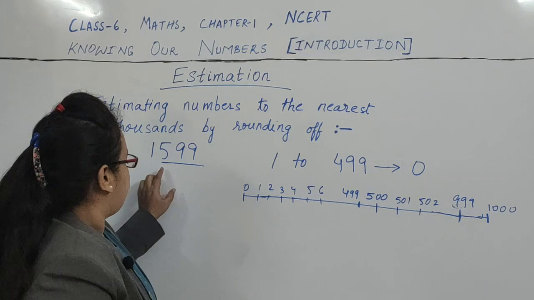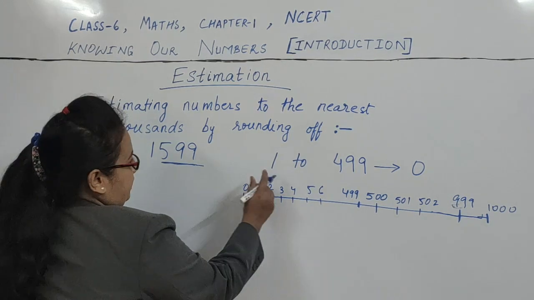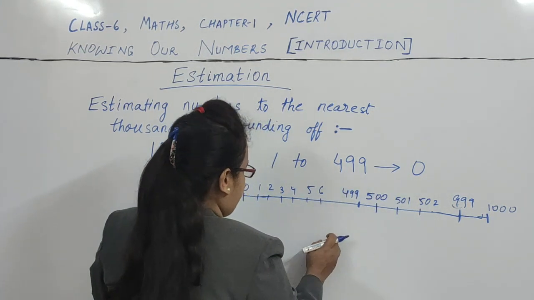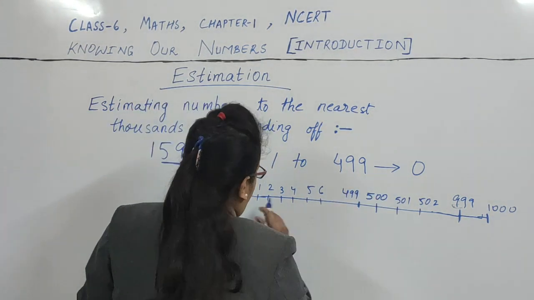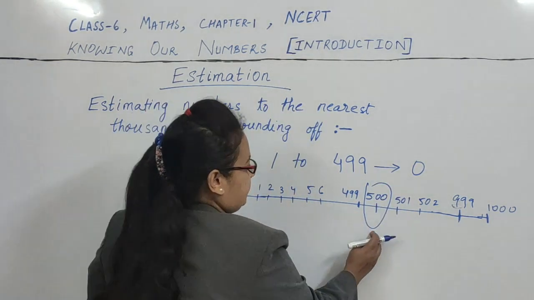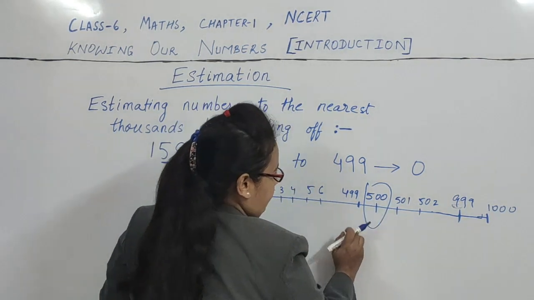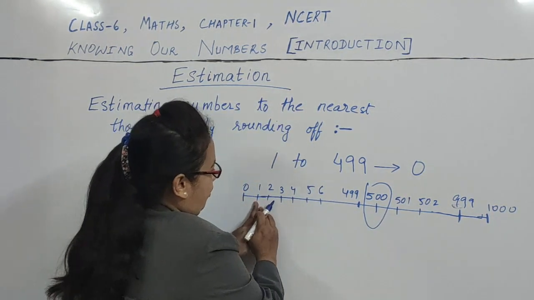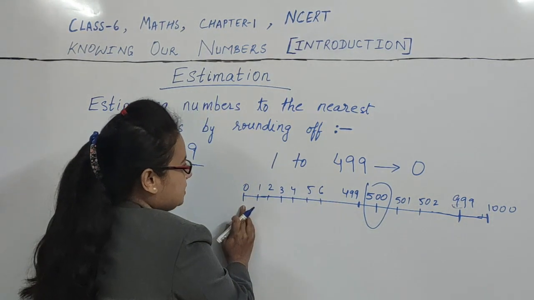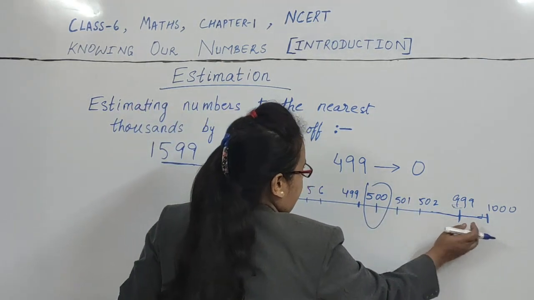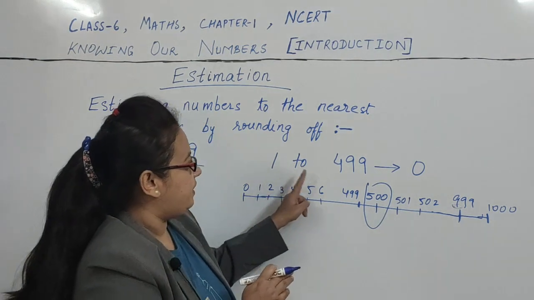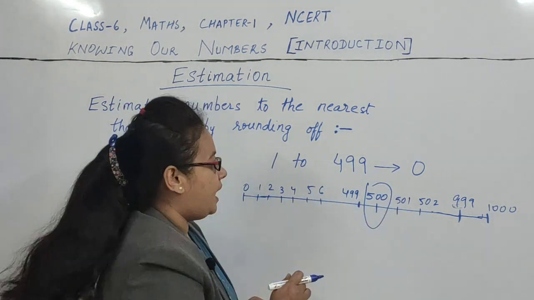Okay, so if this number is between 1 and 499, it will be rounded off to 0. See, this is 0, this is 1000, and 500 is just in between 0 and 1000. So this is the middle number. Before this, the numbers 1 to 499 are closer to 0 when compared to 1000, so it will be rounded off to 0.